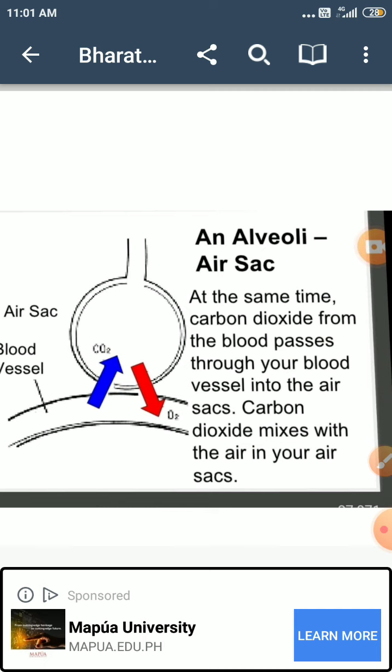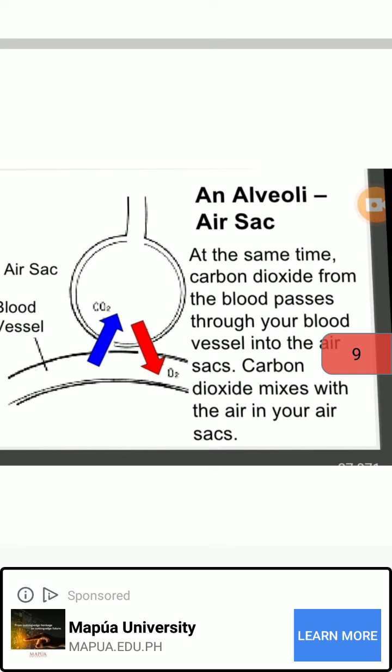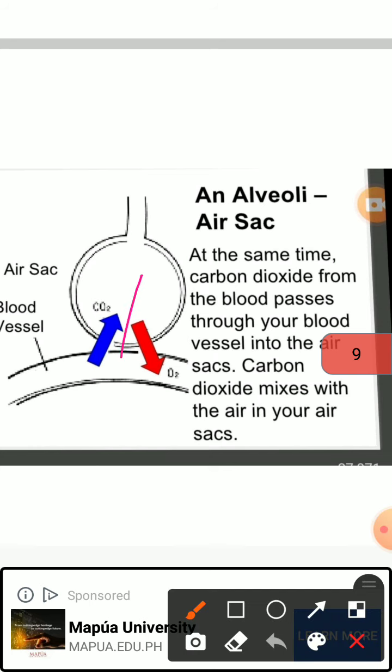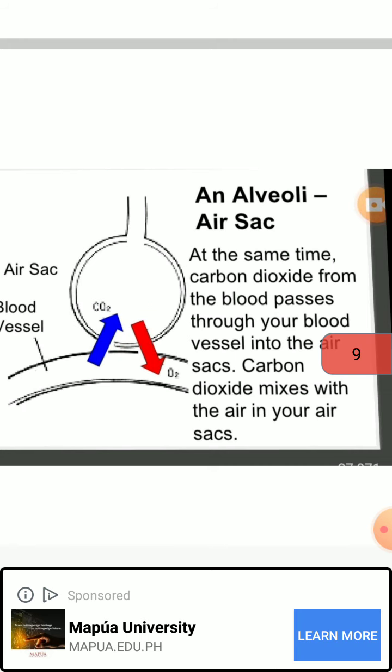From the blood vessels this CO2 passes into the alveoli, then into the lungs, and from the lungs we exhale carbon dioxide out of our body. Get it? This is the mechanism of breathing. How do we breathe? This is the process of breathing, and how all the organs help us in breathing.